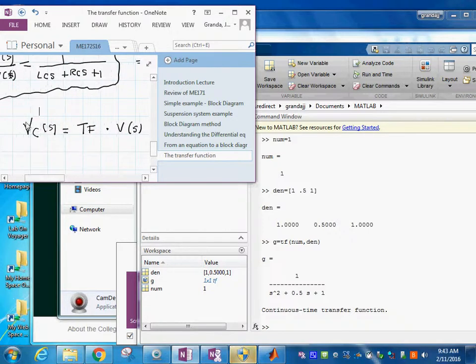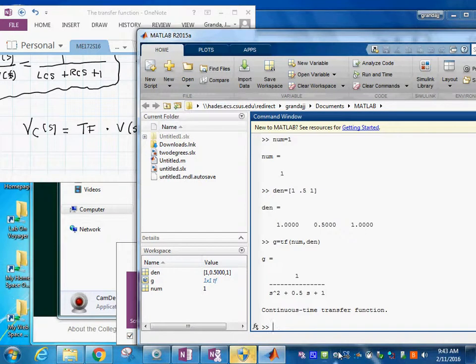So here you're going to say step, and give the name of the transfer function, like this. And if you do this, then you're going to get the response in the time domain.